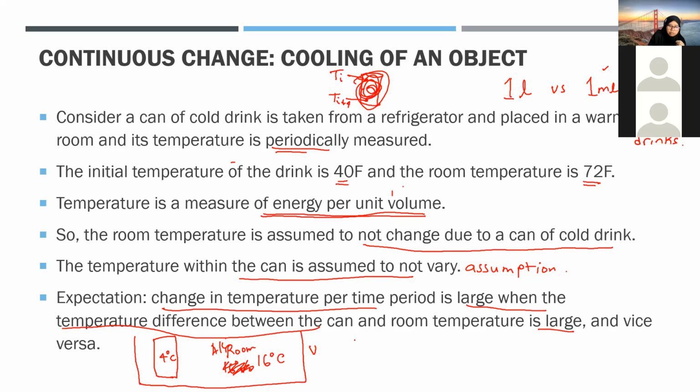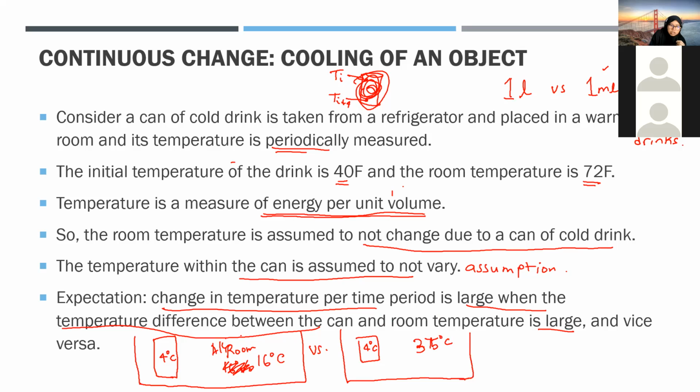Versus for the same reading of 4 degrees Celsius, the room temperature right now is 35 degrees Celsius.